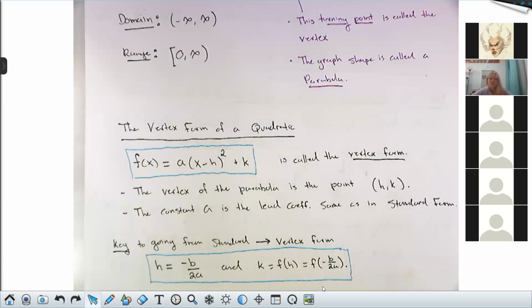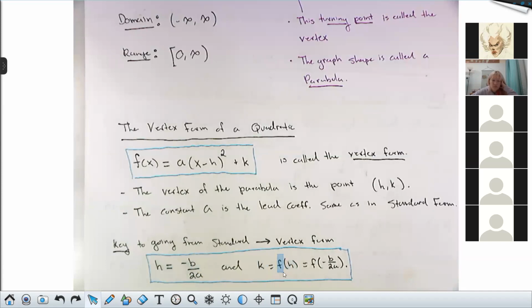Oh, yeah, Samantha, go ahead. So when you're going into vertex form, to get k, do you plug it back in to f, the vertex form, getting the vertex for x? I think what you're thinking is correct, but I want to clarify the language. First you find h using this formula, and then to get k, you plug h in for x.